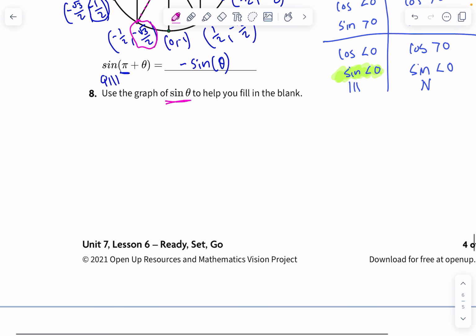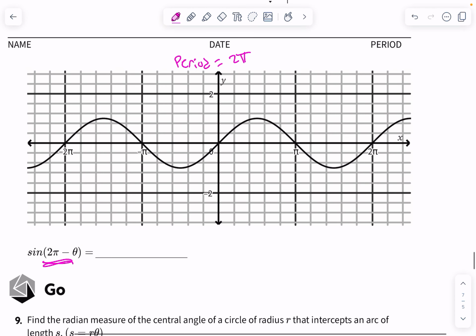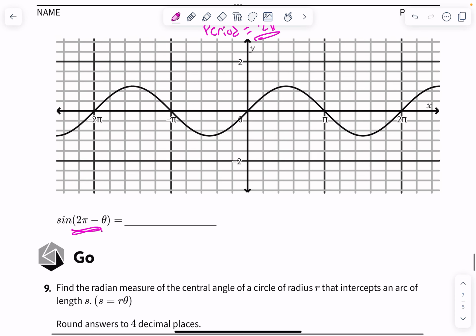So let's rewrite this as sine of negative theta plus 2 pi. Does the 2 pi matter? Why does it matter? Why does it not matter? Think about it. I want you to understand that.